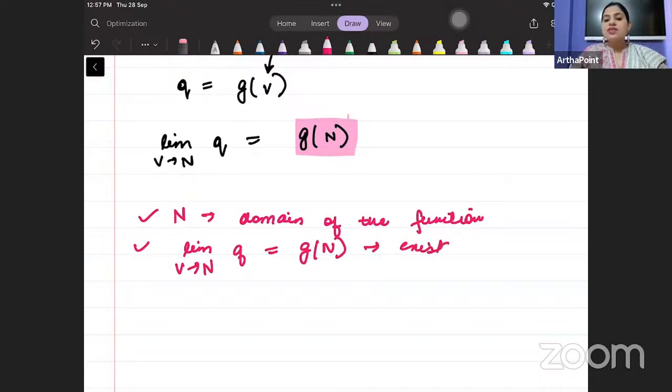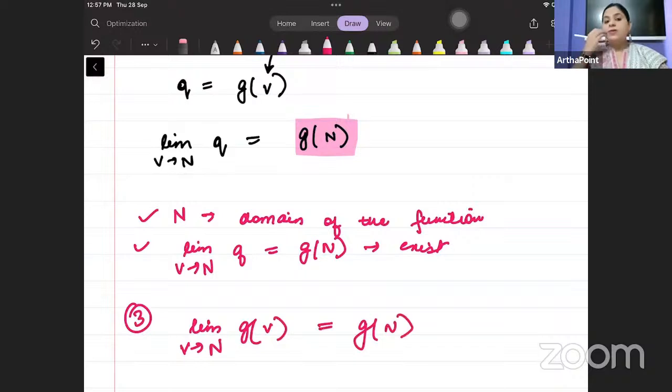So the limit must exist. And third, बेटा जो हम लिमिट निकालते हैं, this limit must be equal to the value जो हम जब v की वैल्यू n की जगह पुट करते हैं. So there are three things that must be satisfied.